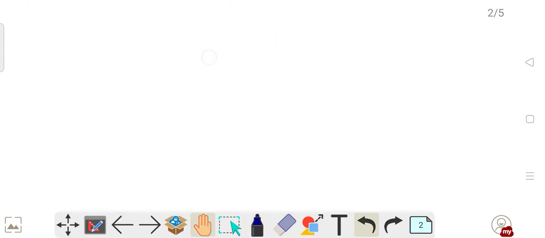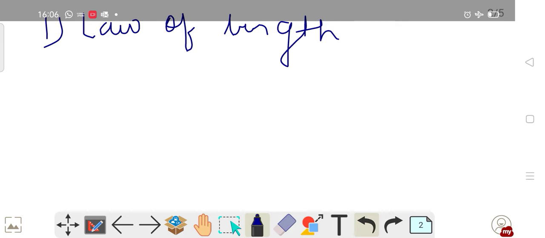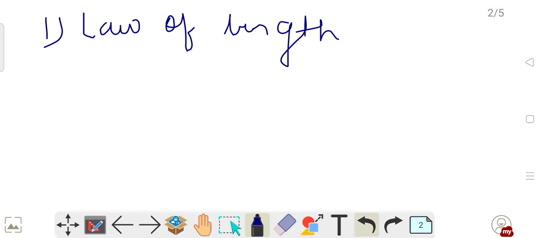What are those laws? The first law is called the law of length. What is the law of length?